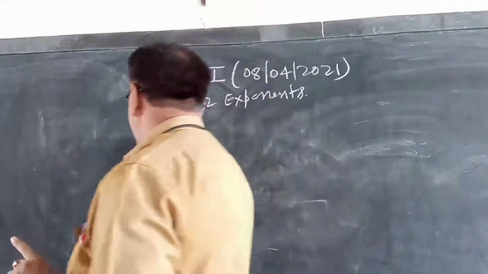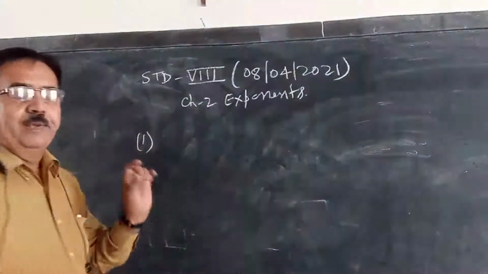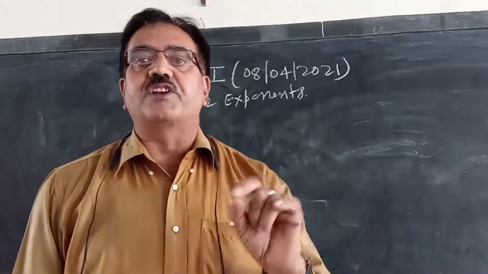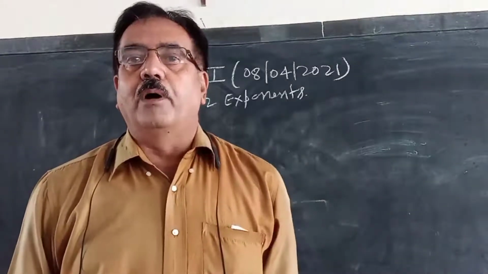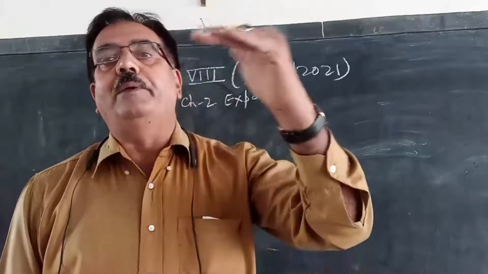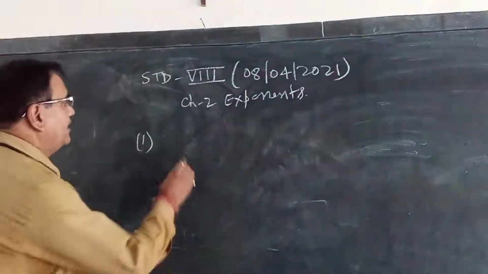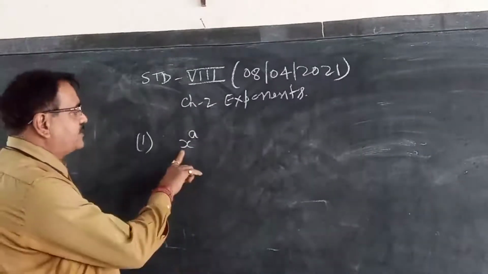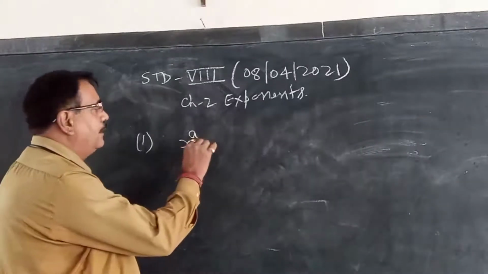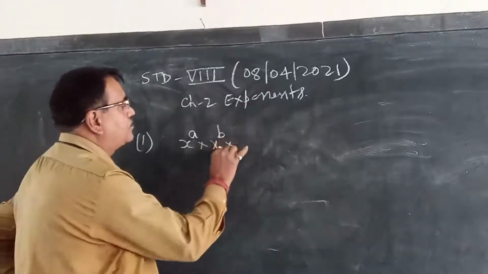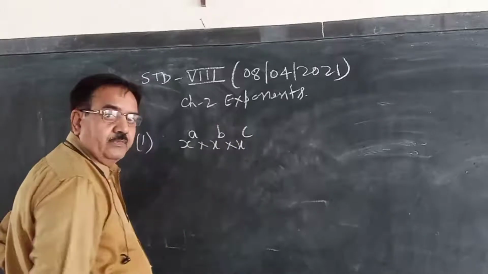First, if the base is the same and there is a multiplication sign among them, then all the powers will be added. Example: x to the power a into x to the power b into x to the power c.